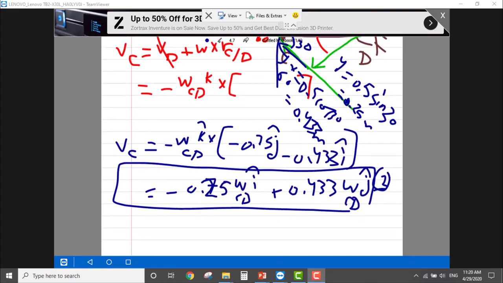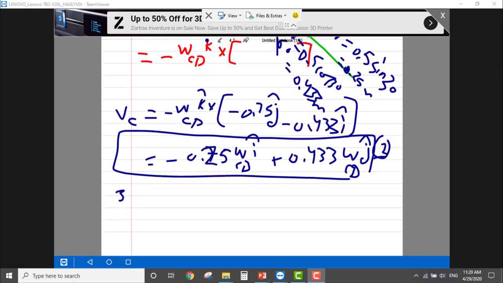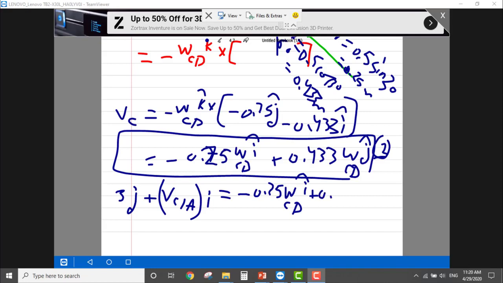So 3J plus VC with respect to A in the I direction is equal to minus 0.25 omega CD in the I direction plus 0.433 omega CD in the J direction. Now we have two equations with two unknowns.